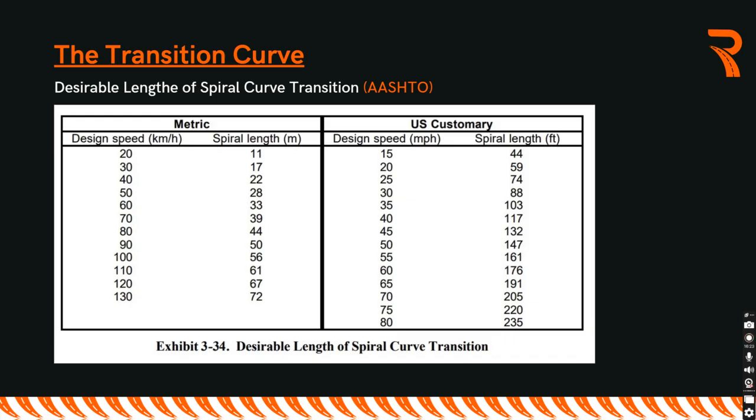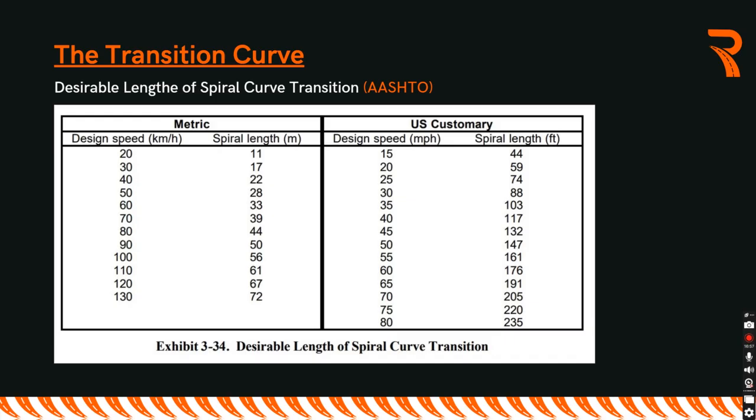So these tables should just be guiding you. These are the minimums, and as you can see, as the speed increases, it means you'll need more transition space for the vehicle to navigate that section. So it's important for you to know that these are just figures to guide you, but on the practical side, when you have a design speed of 150, it's 56 meters, something you can work with.